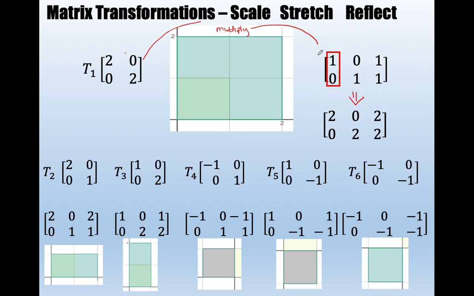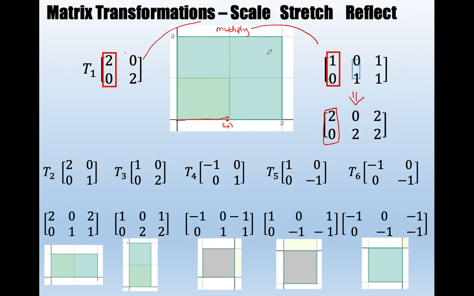But look at what I've highlighted in red here. This was the initial unit vector 1, 0. 1, 0 ended up becoming 2, 0. Yes? But that's the same as the column of my transformation matrix, the first column.